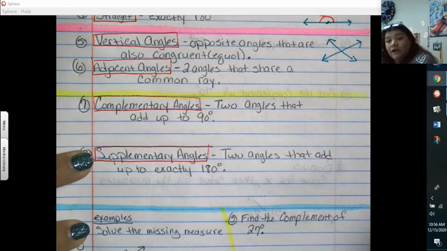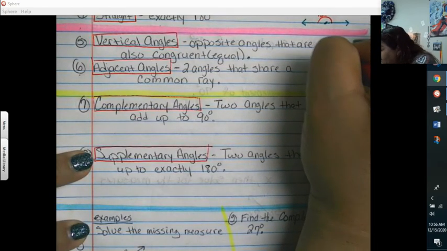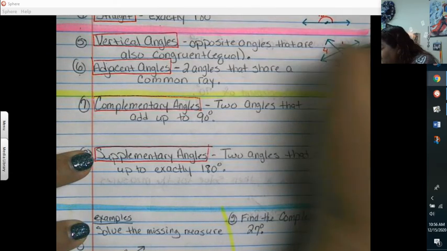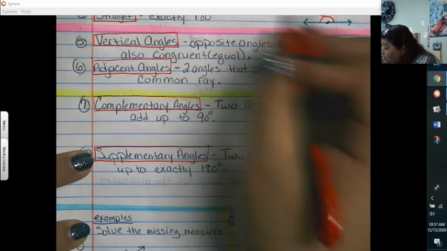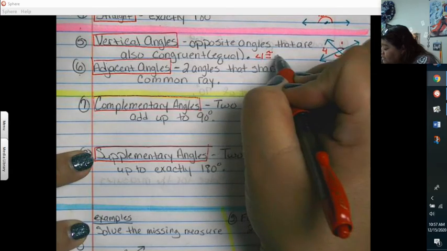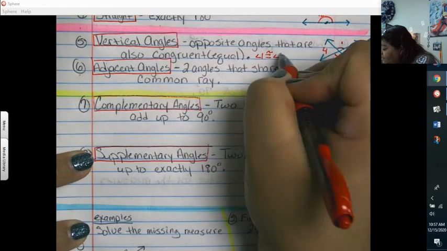And vertical angles are opposite each other, so here's angle 1, angle 2, angle 3, and angle 4. Vertical angles, so 1 and 3 are congruent. So I can say angle 1 is congruent to angle 3.